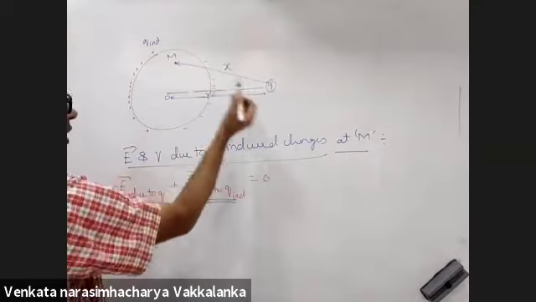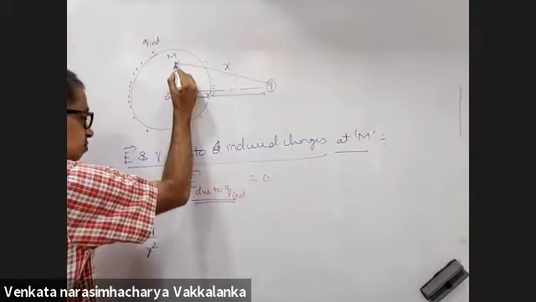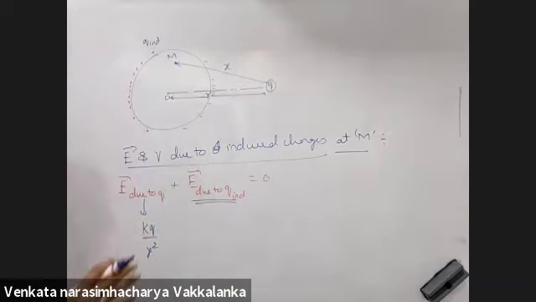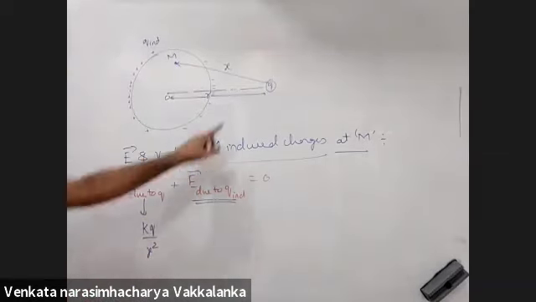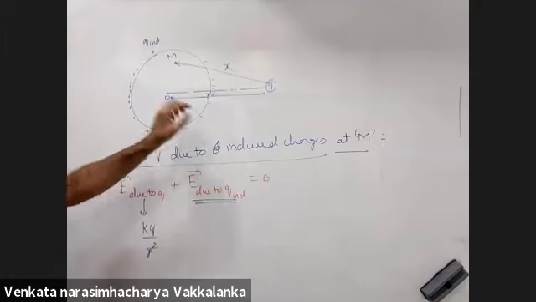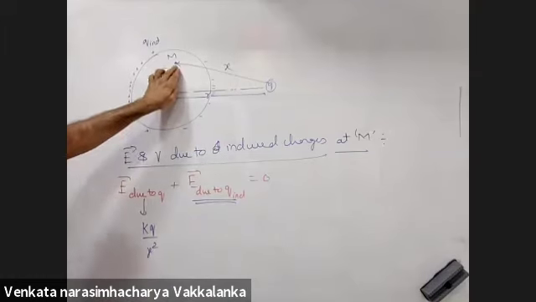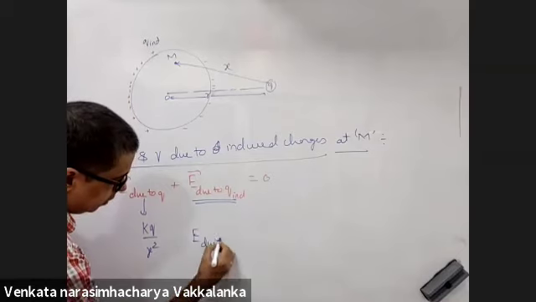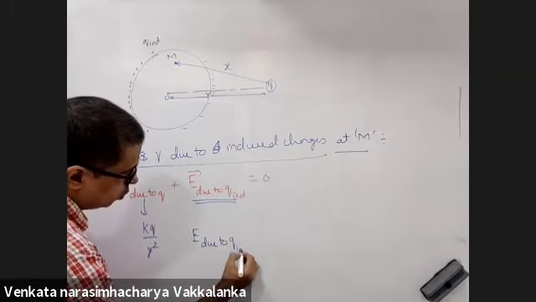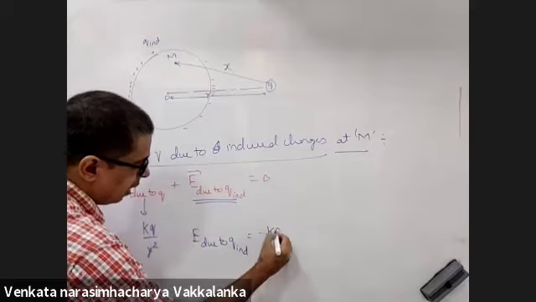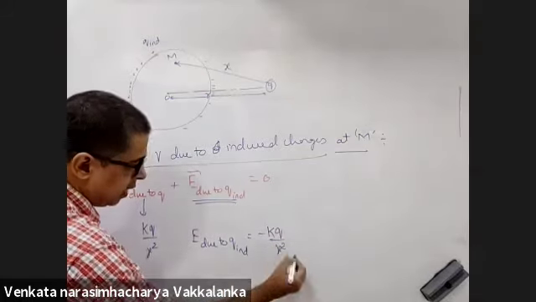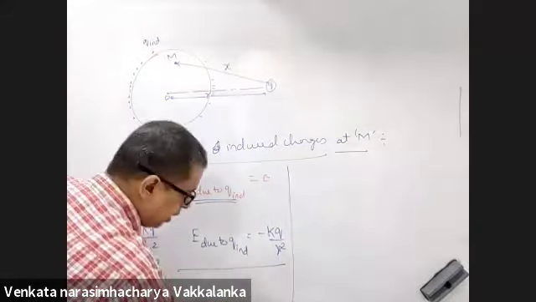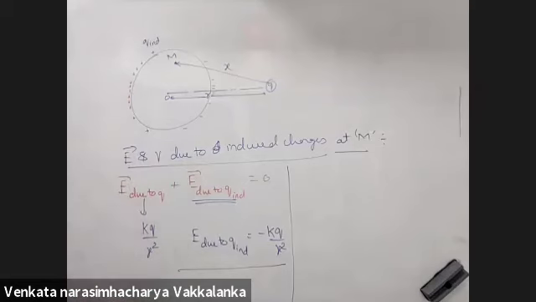All external charges, Q and induced put together, will give me 0 field everywhere inside. Field at M due to Q induced will be minus KQ by X squared. Till here, I believe nobody should have a problem. Agree?